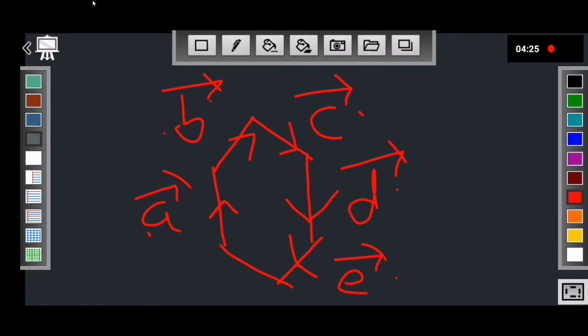Then in such a case, suppose their resultant is R vector. The resultant R vector is denoted by this remaining closing side, but it is taken in the opposite order. See your arrow, the arrow is like this, and it is R vector. So this is the clarification of the polygon law of vector.